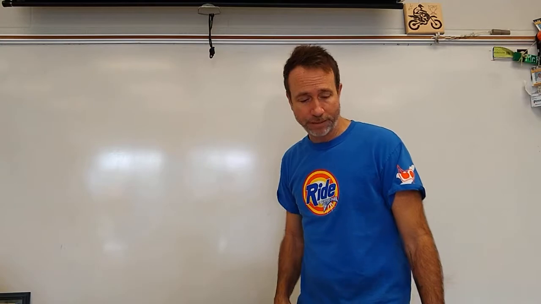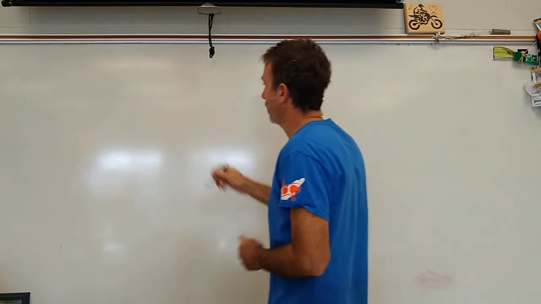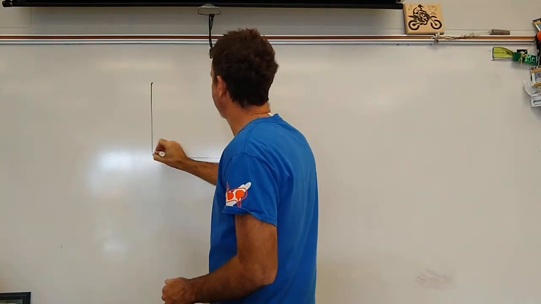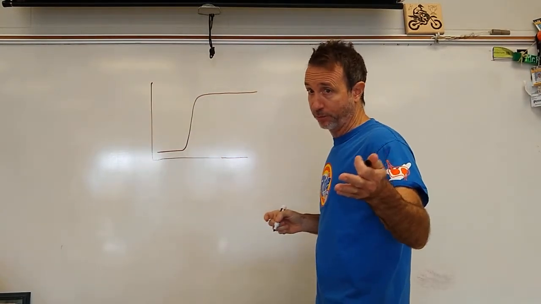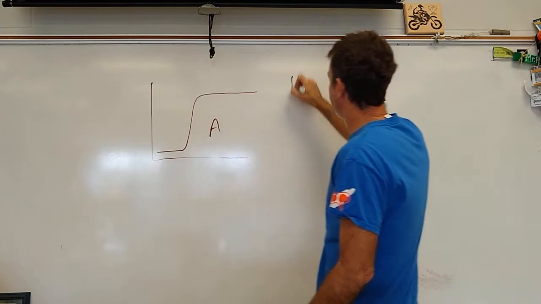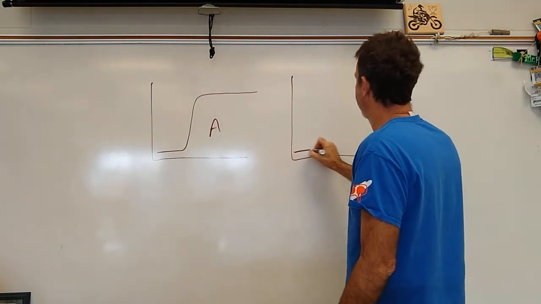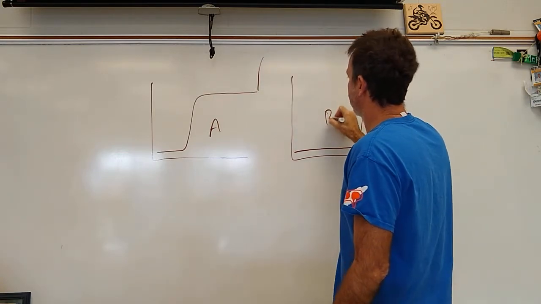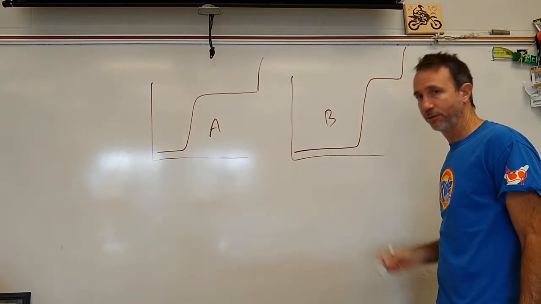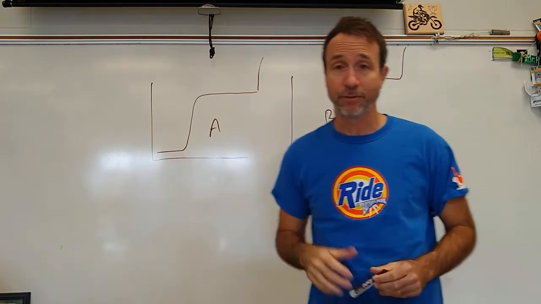So you're basically going to have a choice. Which one of these graphs do you think is the most accurate, graph A or graph B? And these are different, and you should understand why they're different right now from just what I've shown you.